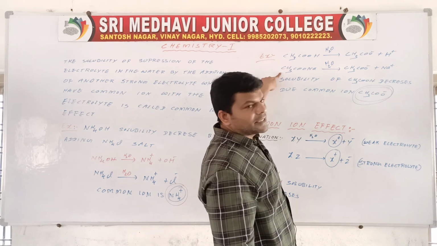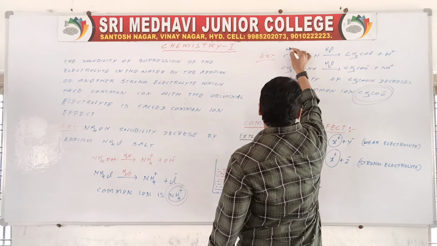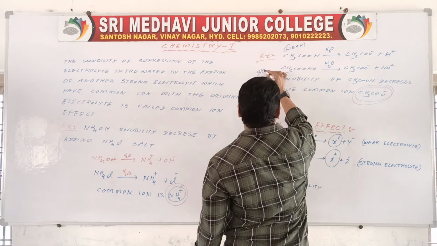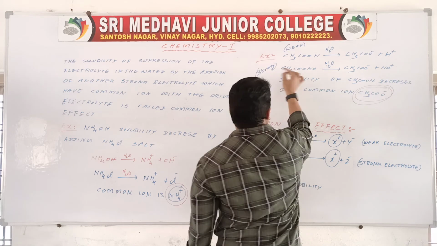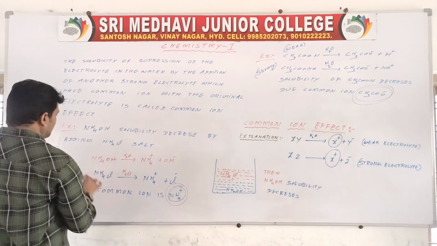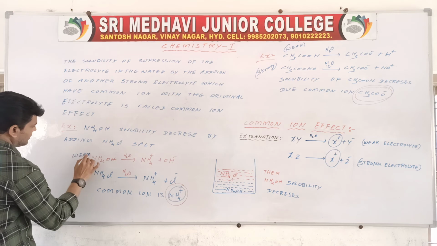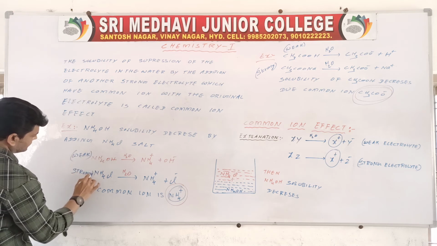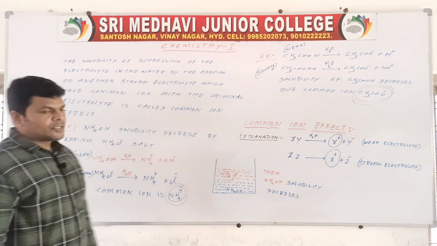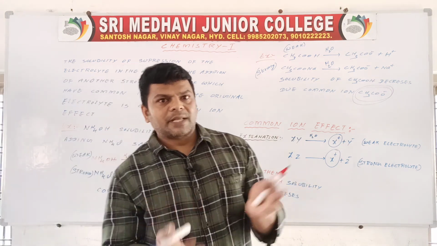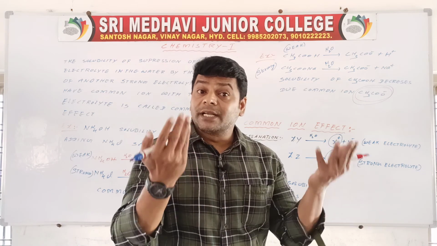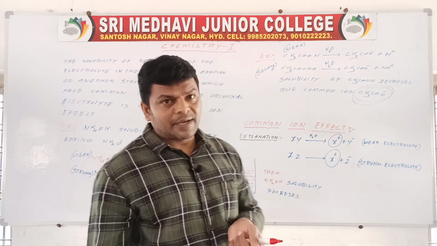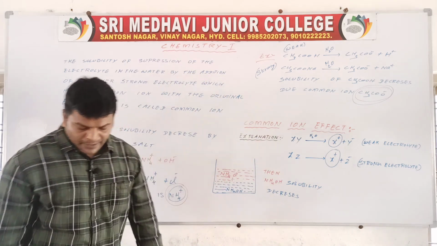One is a weak electrolyte, the other is a strong electrolyte. So the weak electrolyte's solubility decreases when the strong electrolyte has a common ion. This is nothing but the common ion effect.